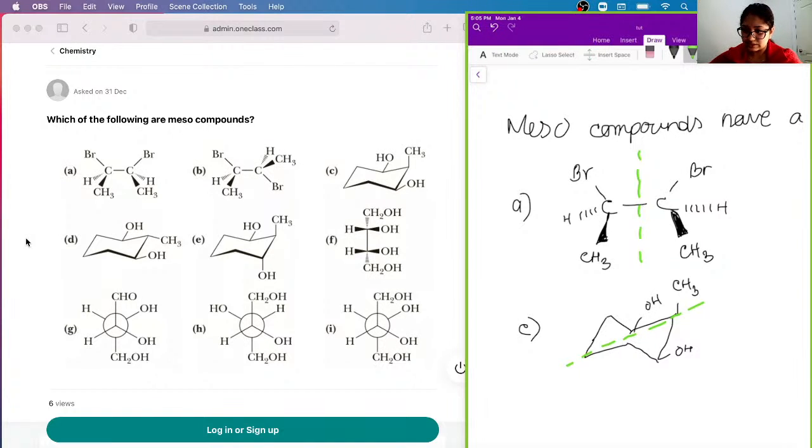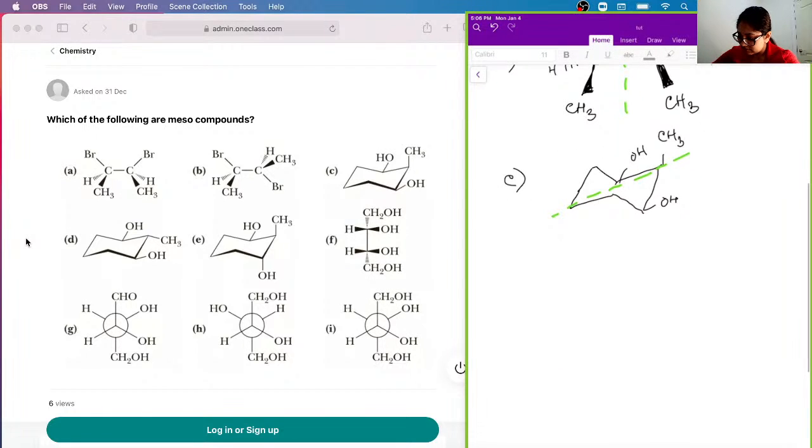The next one would also be D, since D looks somewhat similar to C, and so we can draw out D here. D is also a chair conformation.